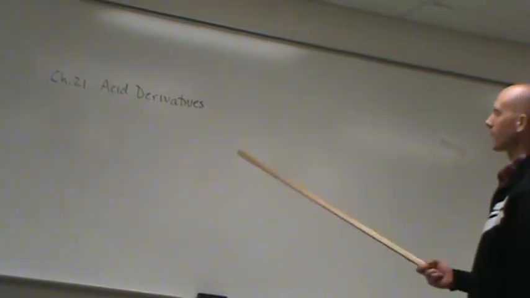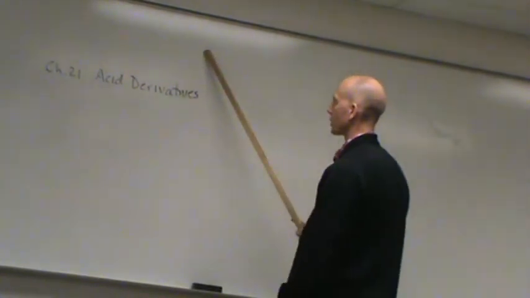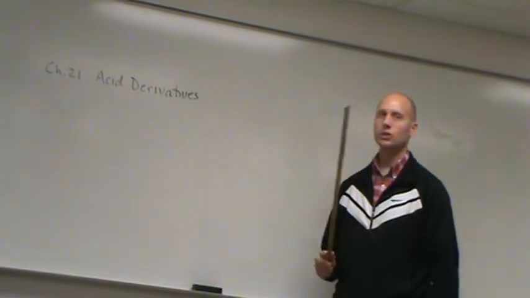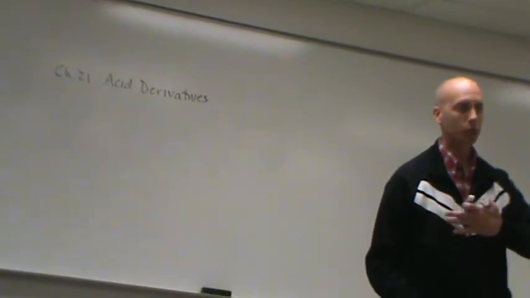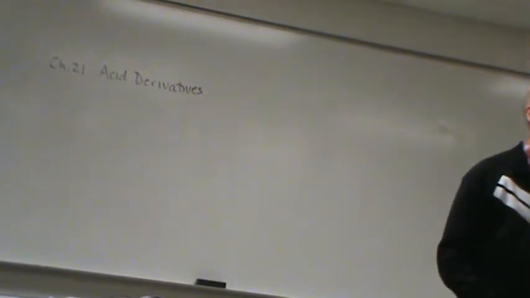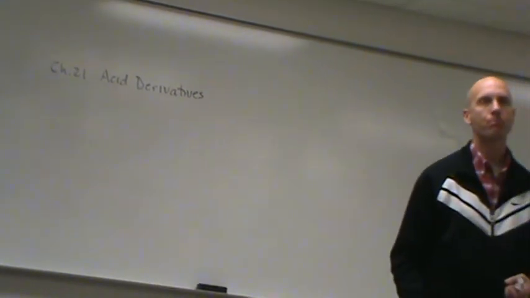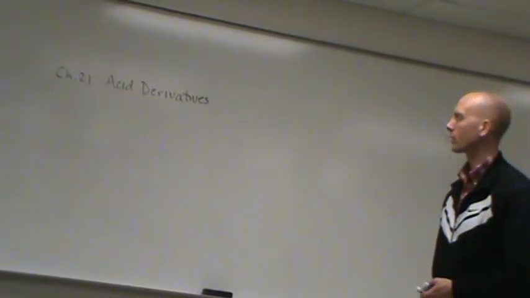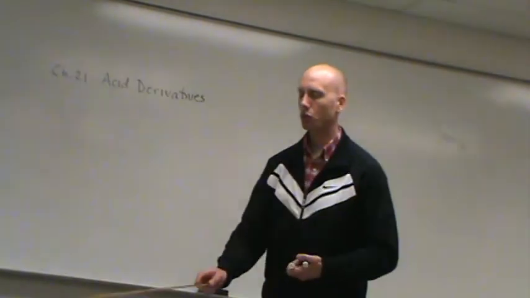And so on. Well, that's what carboxylic acid derivatives are. We can derive them from acids, and we're going to see they have some similar properties to acids. And go from there. So let me introduce you to them.